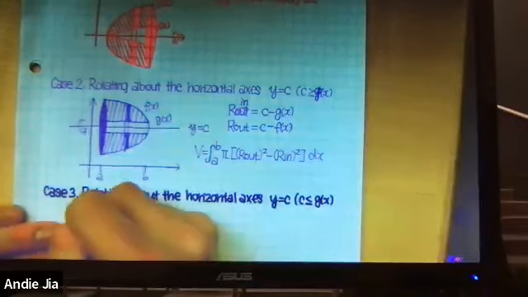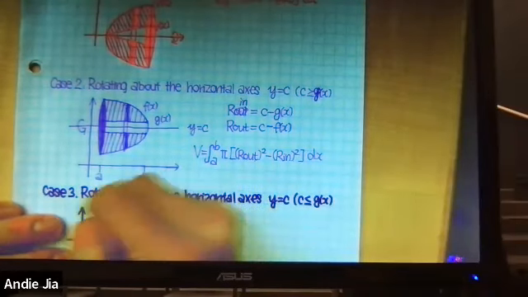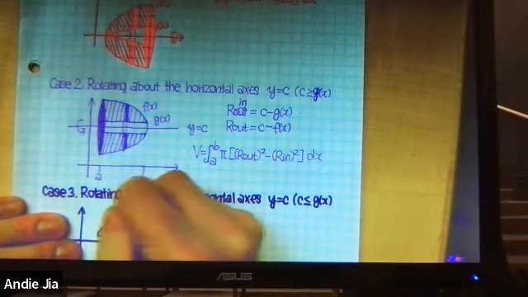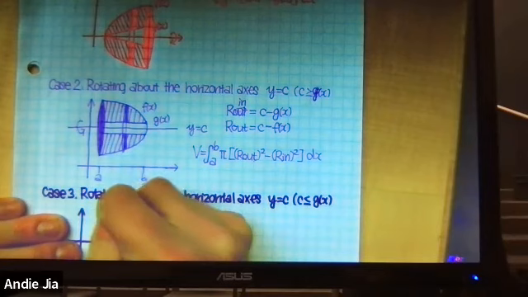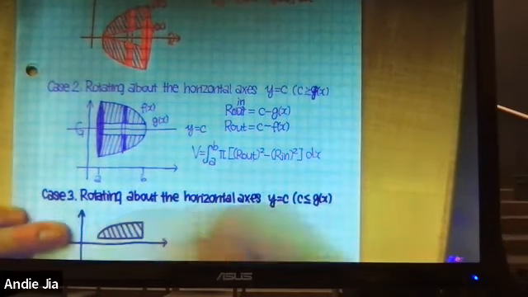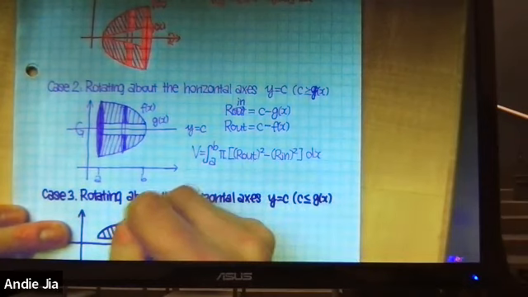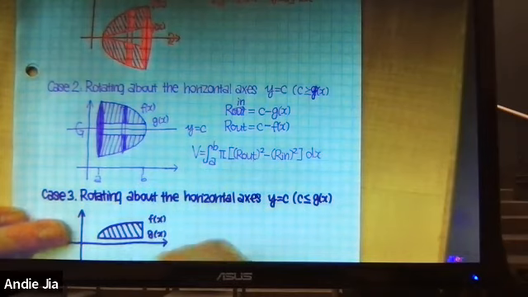Perhaps this is the area function. This is g of x, this is f of x, from a to b.